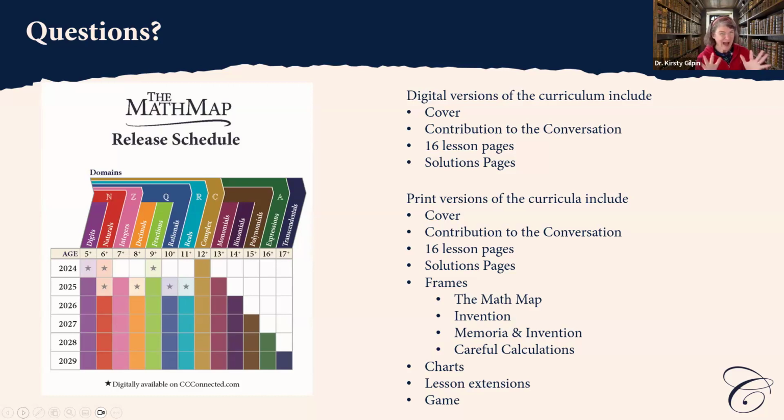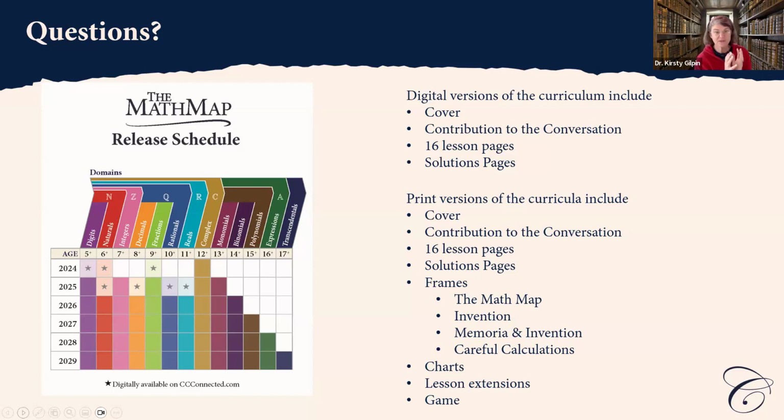Not everything is live yet, but you will be able to flip through those books digitally and click on different aspects of those booklets to get more content. And so there will be additional content for the charts, for the frames, for the cover, and for the tops.